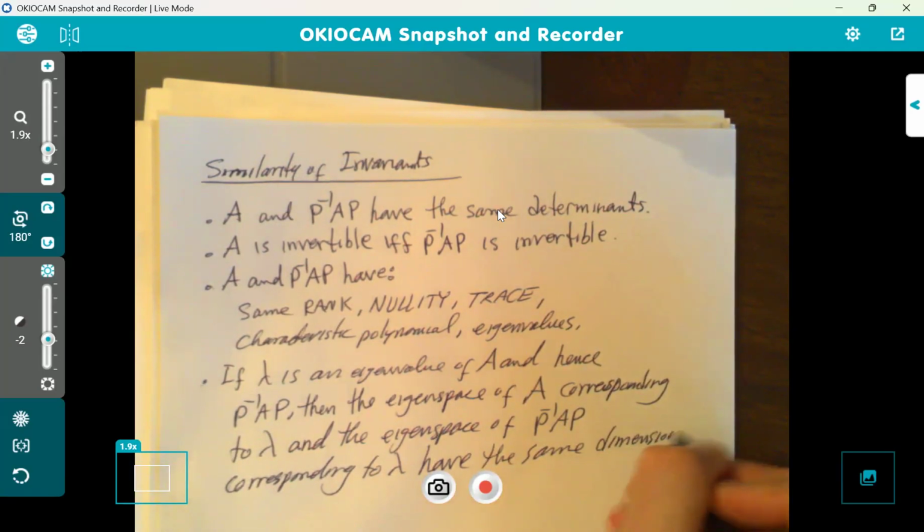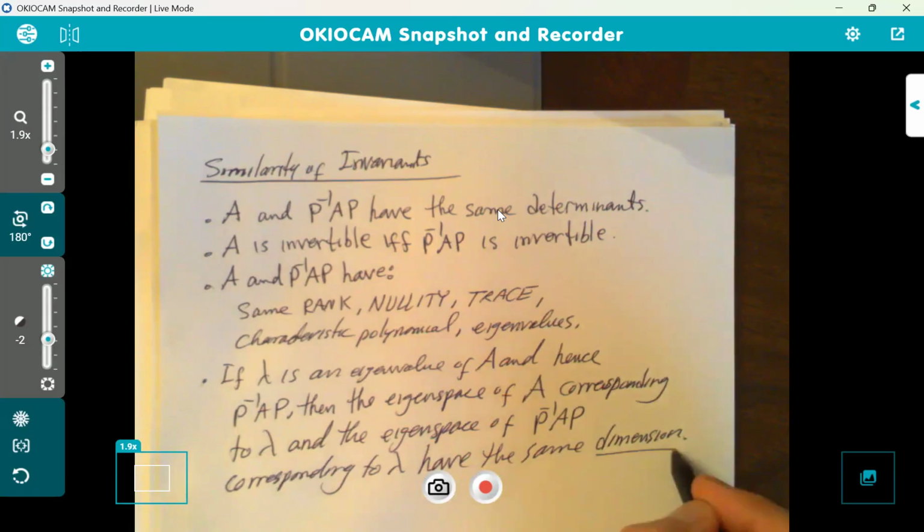And remember, the dimension is the number of vectors in the basis, right? So that's what we mean by dimension.